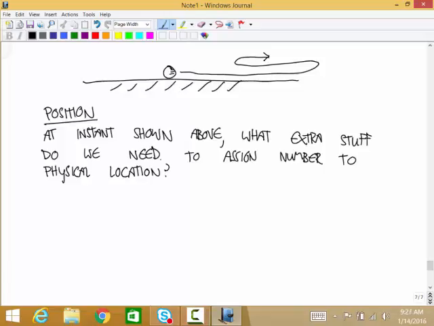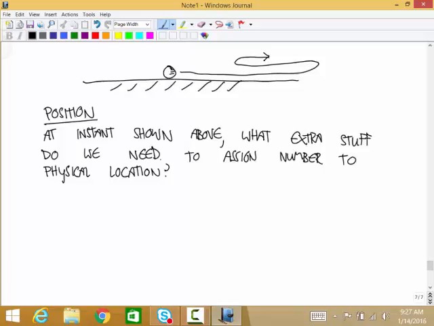Basically, we need some kind of reference point and some kind of reference direction. Like you could say it's half a mile west of the Quickie Mart, or you could say it's 5 inches from the edge of the table, but you need some kind of reference point and you need some kind of direction.